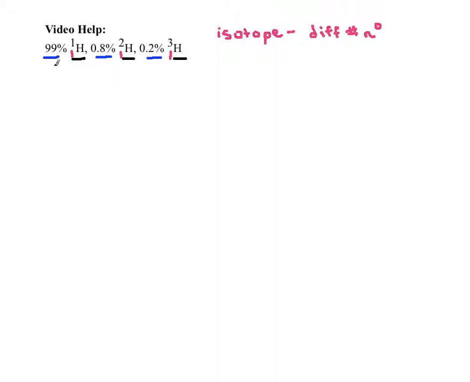All you have to do in these problems is convert your percent into a decimal. Just remember, each time move your decimal place 2 places to the left, and then multiply it by the mass number. So 0.99 times my first mass number, which is 1, plus, in this case, it's kind of funky because it's already 0.8%. Don't let that mess you up.